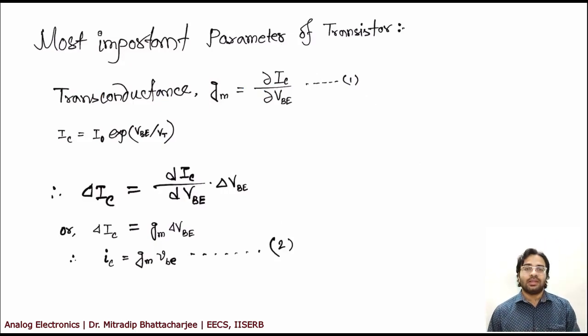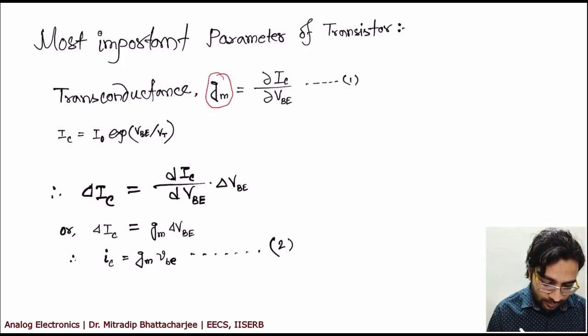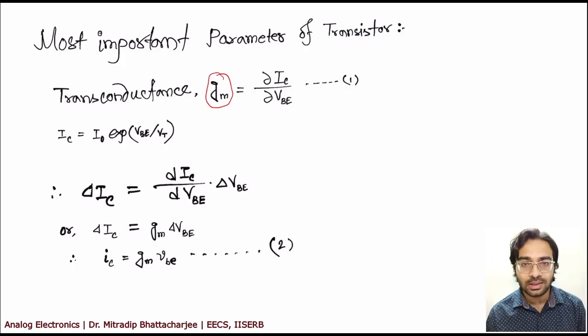Then let us discuss the most important parameter. I already have said transconductance is one of the key parameters of the transistor. Now, what is conductance? The ratio between current and voltage.